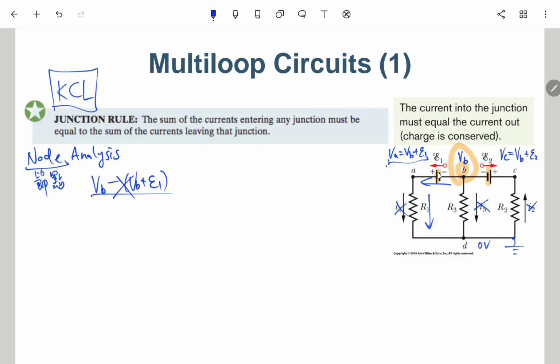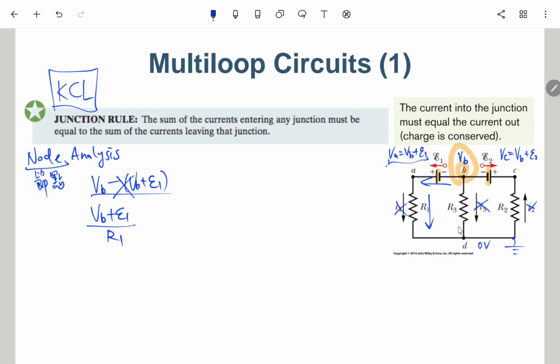For the current on this path, we need to consider the resistor. So it is VA, which is actually VB plus E1, over R1. Okay, so this will be the current through this path. This is the first current.